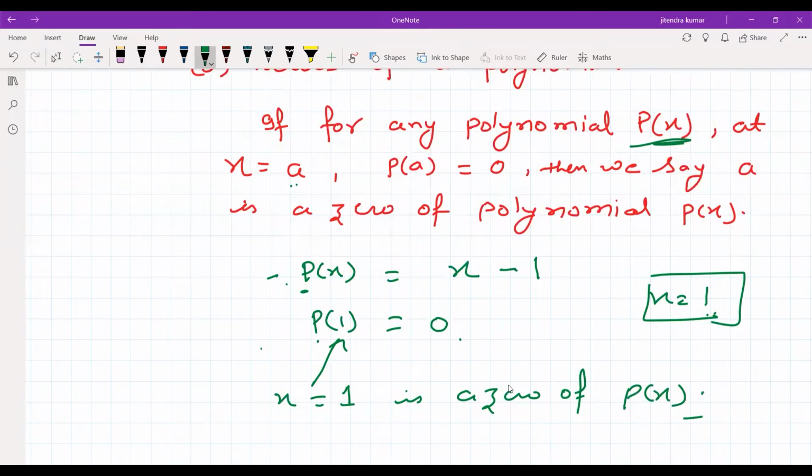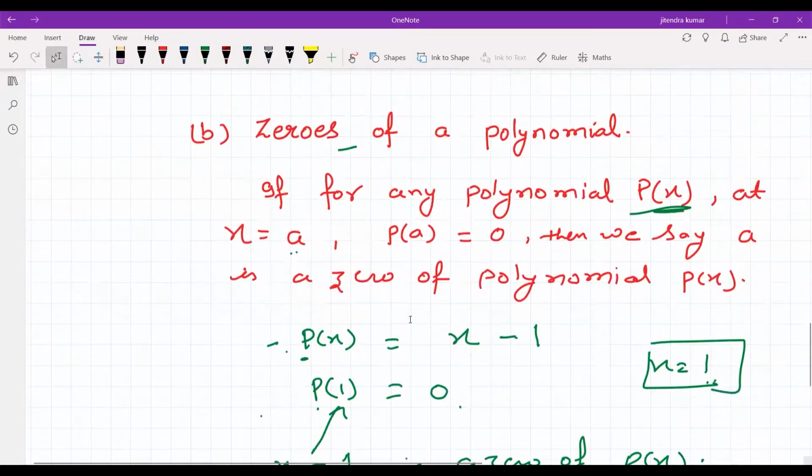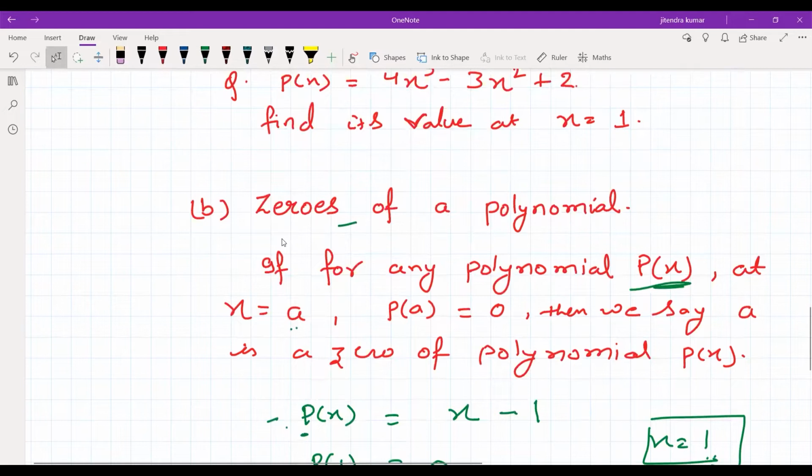Okay, so what it means, what are these zeros? These are values of x. Zeros are basically the values of x which are making p(x) 0. These zeros are also called roots sometimes.